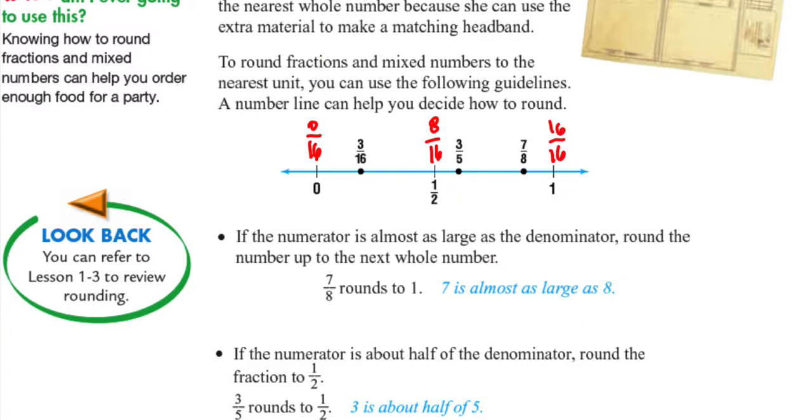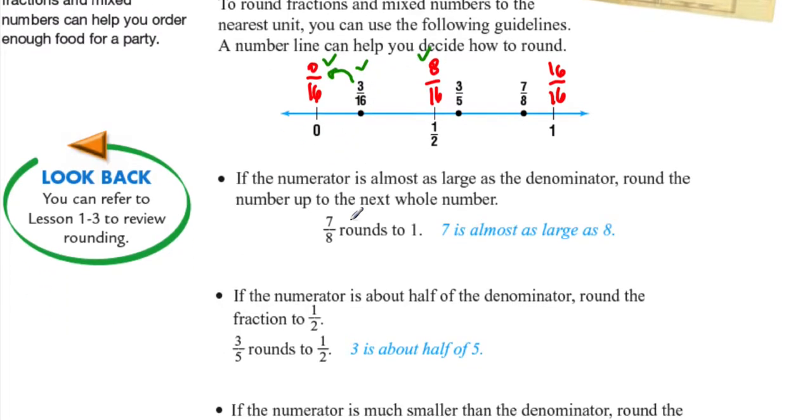Now this is easier to find out where 3 is closest to, because now you have to compare only the 0, the 3, and the 8. And if you notice, 3 is closer to 0 than it is to 8, so therefore it rounds to 0.